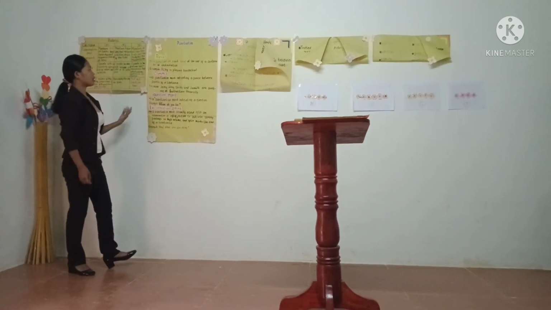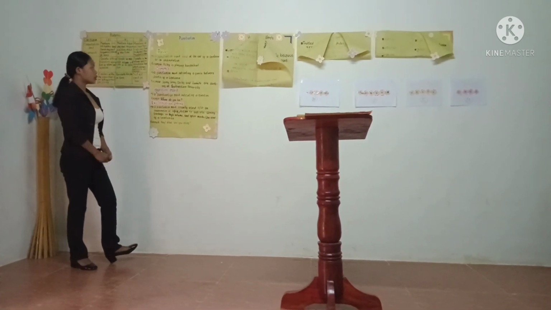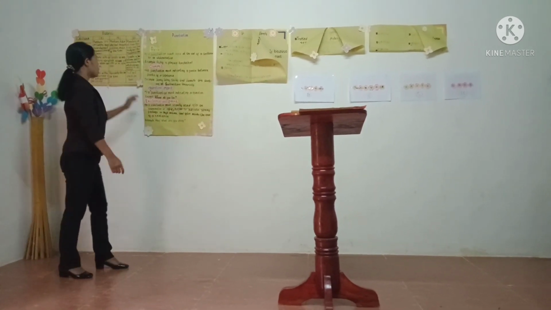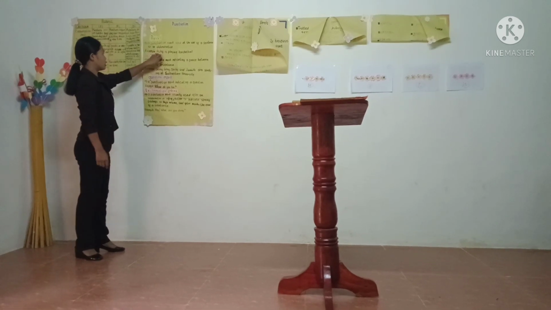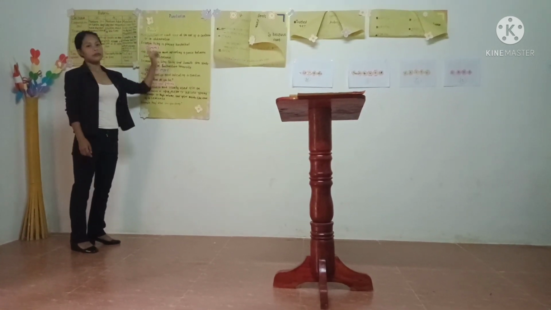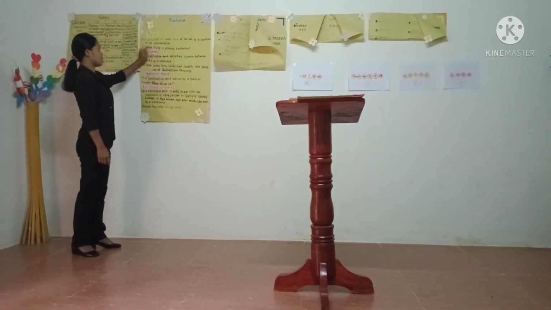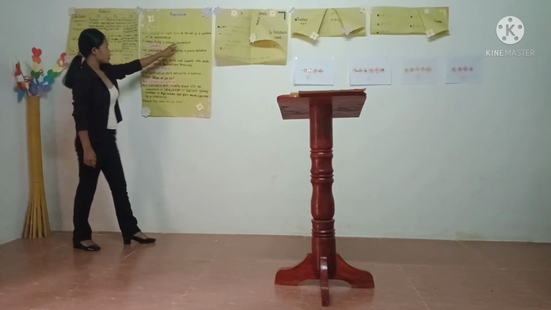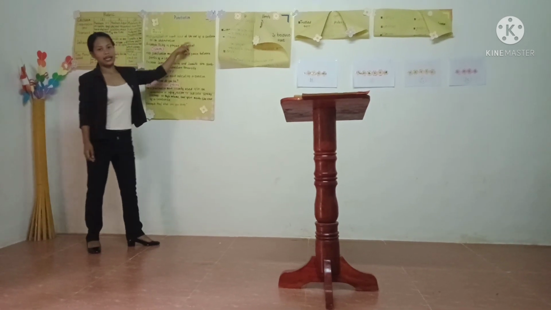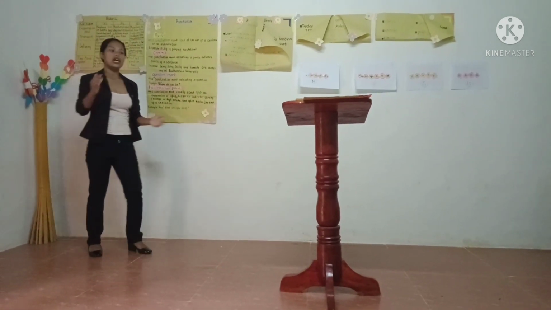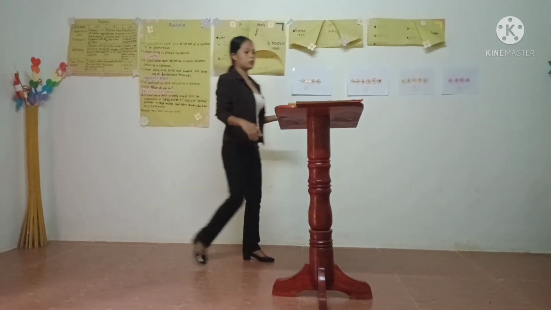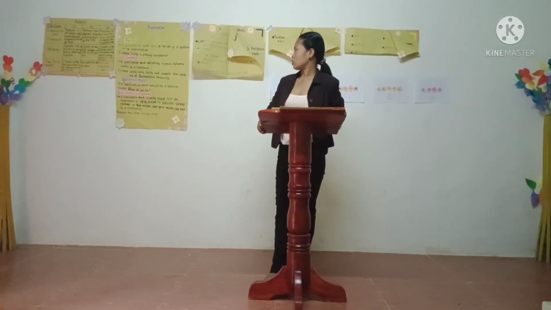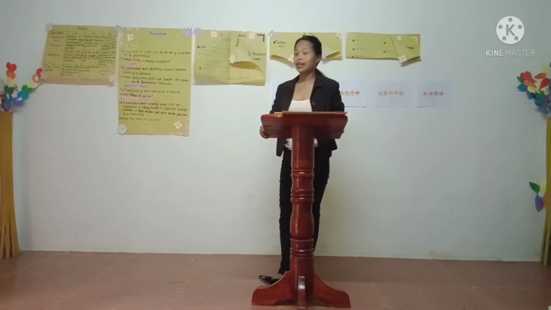The period is a punctuation mark used at the end of a sentence or in an abbreviation. For example, Riley is playing basketball. This is a sentence, and we use the period here at the end of the sentence. Another example is an abbreviation, like the abbreviation of example.